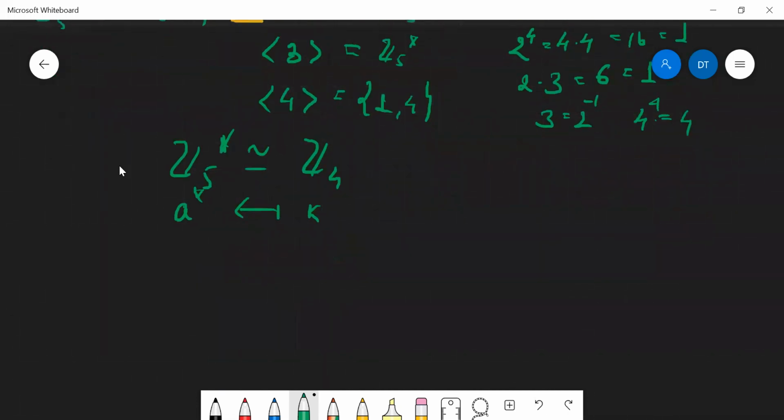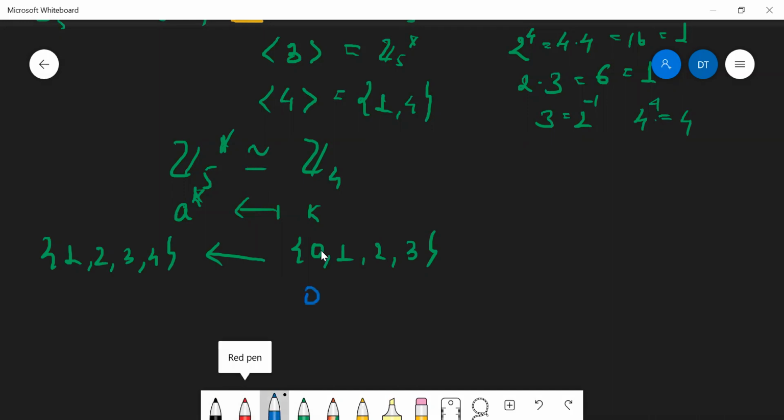And isomorphism means that your groups are exactly the same. This map is just a map which renames your elements. Let's look at how the renaming map works. Here you have 0, 1, 2, and 3, and here you have 1, 2, 3, and 4. So where does 0 go?